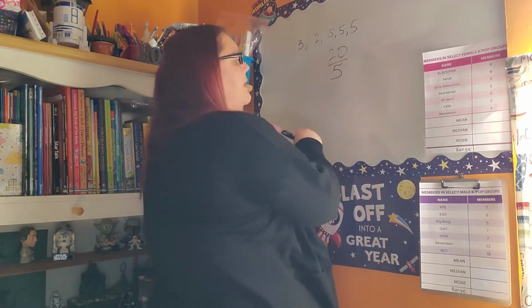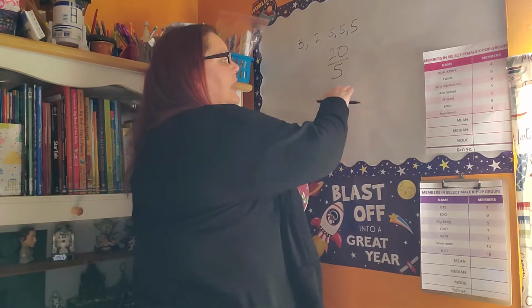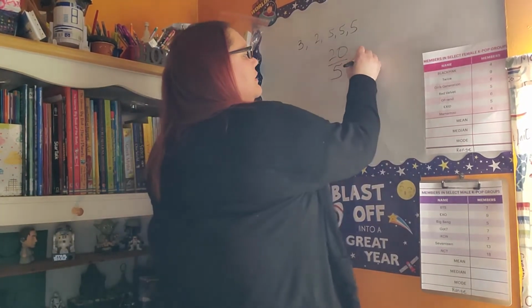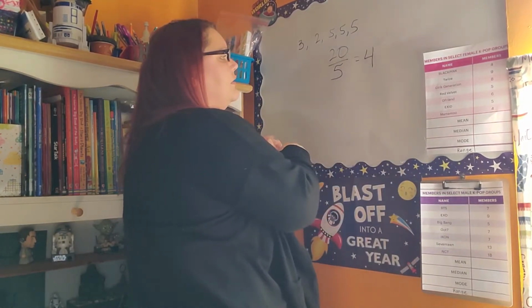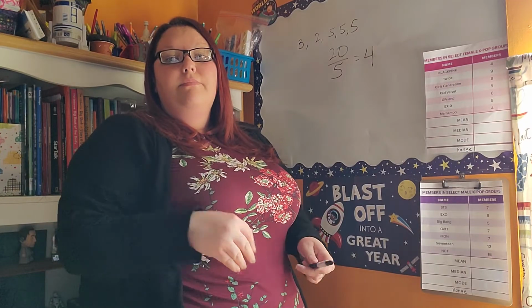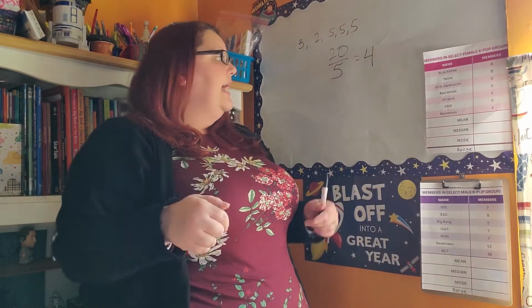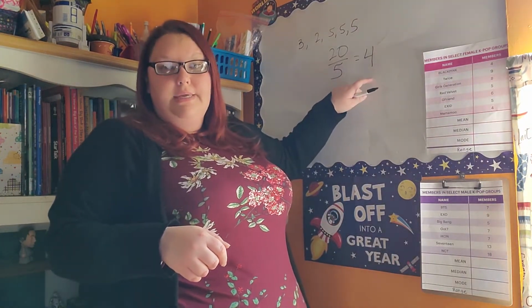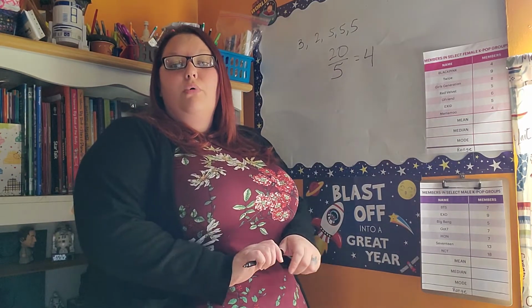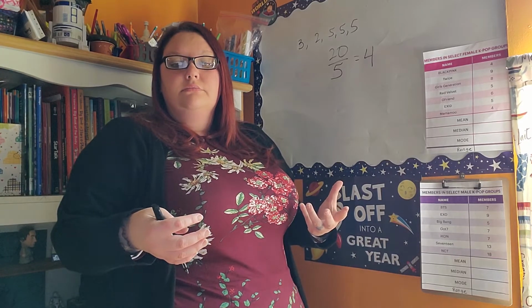So we're going to divide that by 5. And we know when we do that, 20 divided by 5 is going to equal 4. So with this problem, the dogs are having an average of 4 puppies apiece. So that gives us an average of how many puppies are being born per mommy dog.